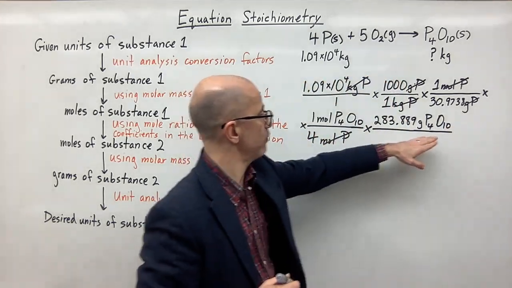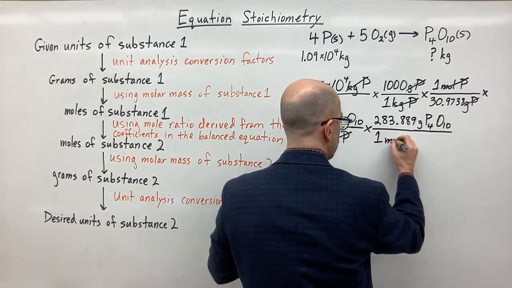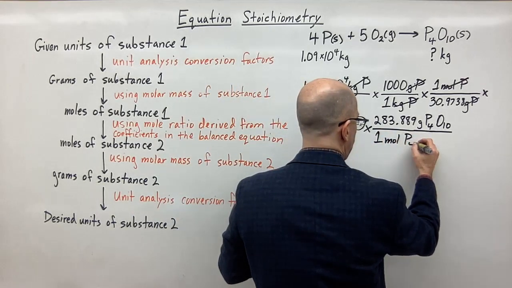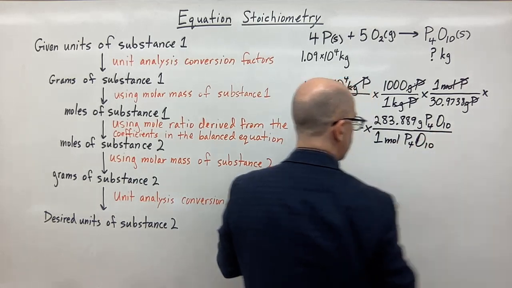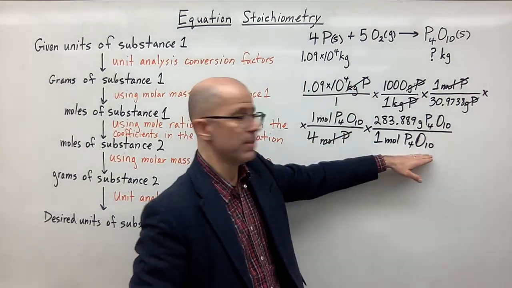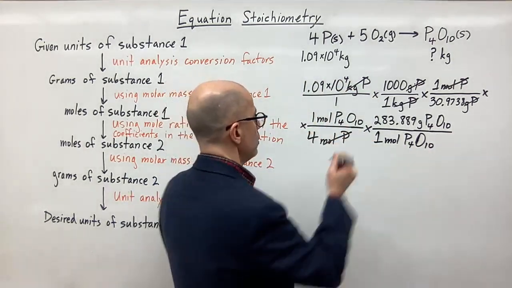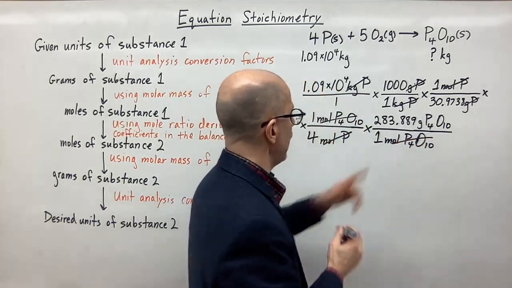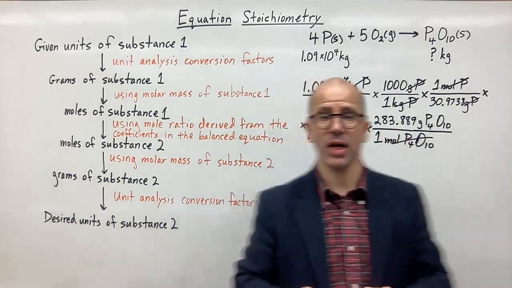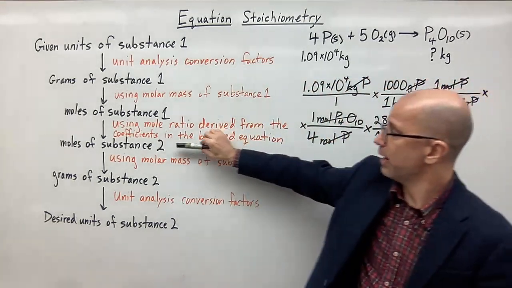And notice I have grams on the top because on the bottom I need 1 mole of the P4O10. So now I have moles of P4O10 on the top and bottom. So that's going to cancel out. And now I have grams of substance 2, which is my P4O10. So I've done this step.